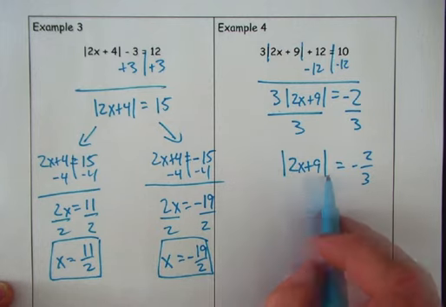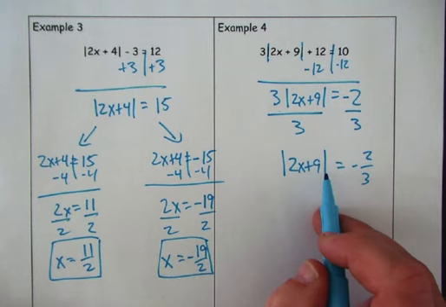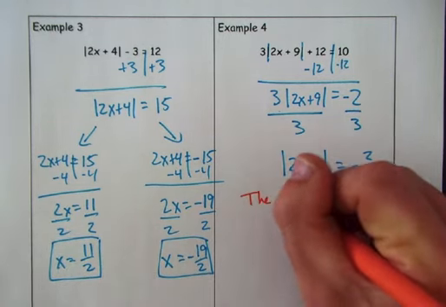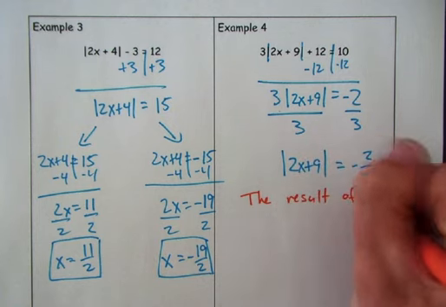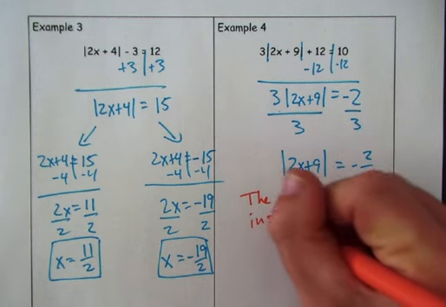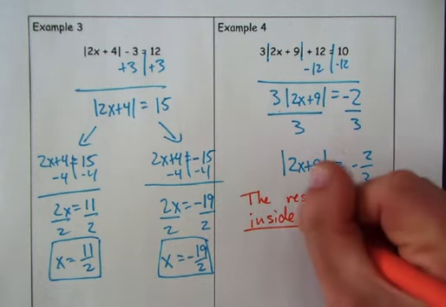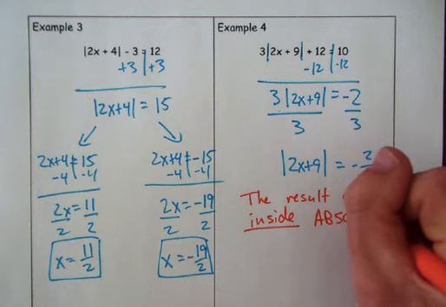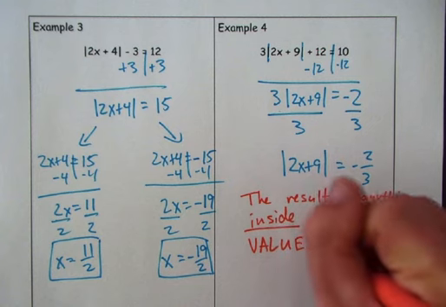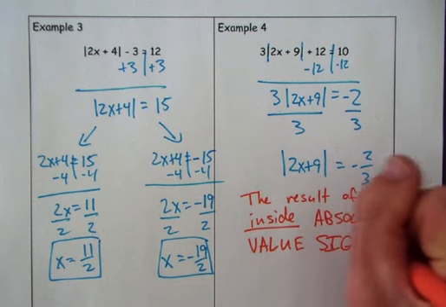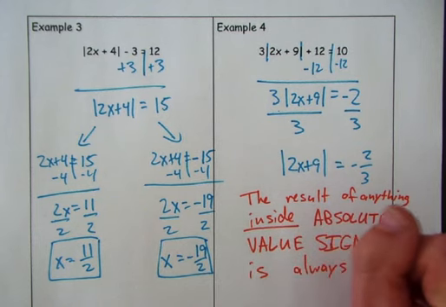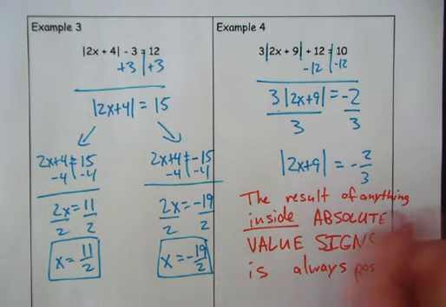Anything inside absolute value signs is always going to be positive. The result of anything inside absolute value is always positive, right?